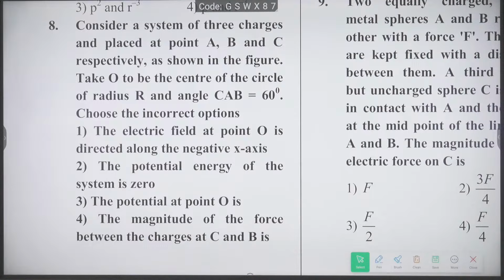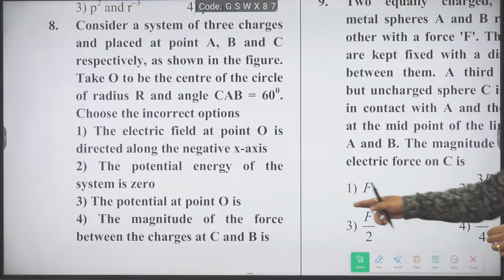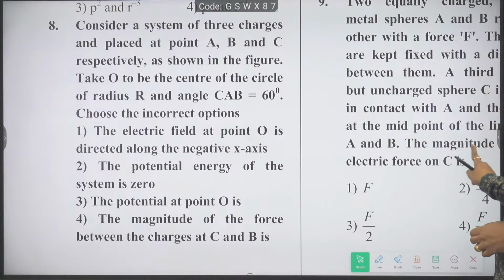Angle CAB is 60 degrees. Choose the incorrect option. The electric field at point O is directed along the negative x-axis. The potential energy of the system is zero. Leave this question because it is incomplete also.